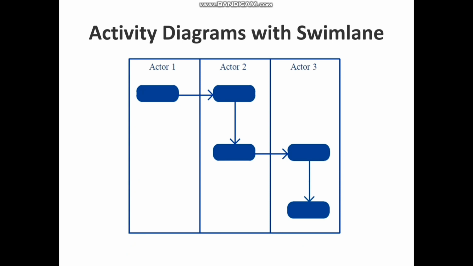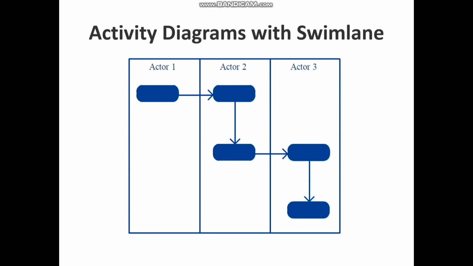Next, we will understand activity diagram with swim lane. Swim lanes are used to partition the activity diagram horizontally or vertically into lanes. Each lane represents a specific partition or role in the system. Swim lanes help to clarify the responsibility and ownership of activity. Basically, swim lanes are divisions of tasks or use cases performed by individual actors.